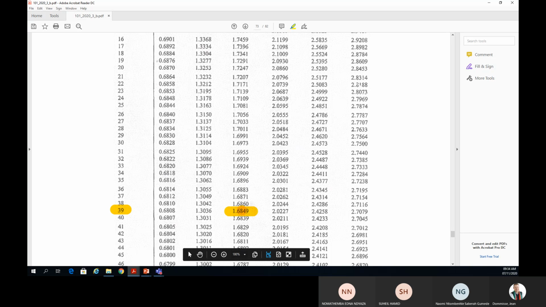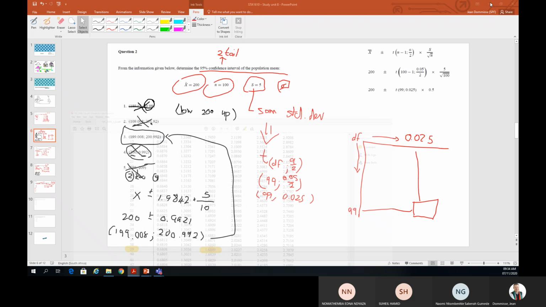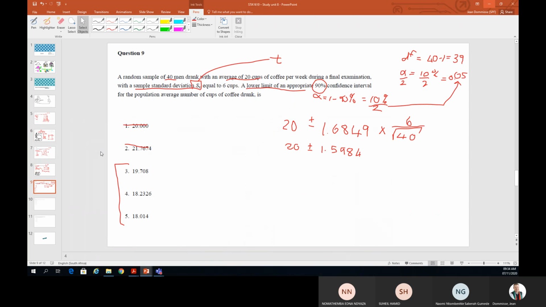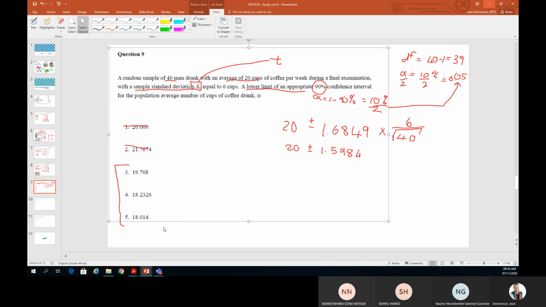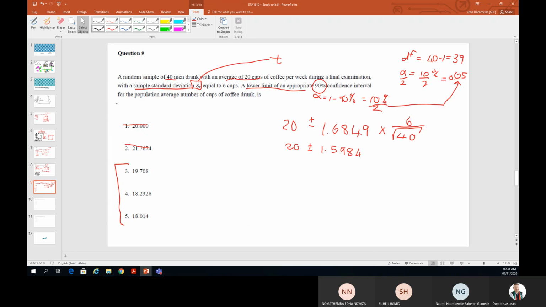So there's a mistake in the study guide. So this is correct, but then there's actually not an answer for this as one of the options.